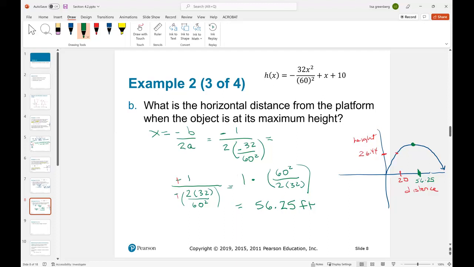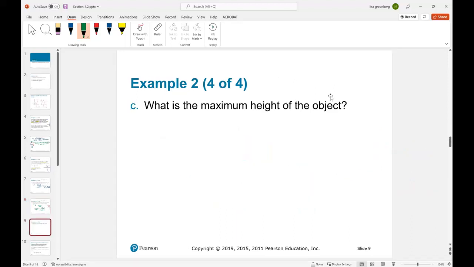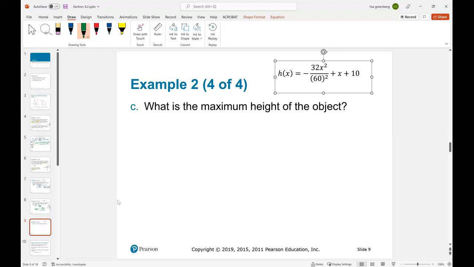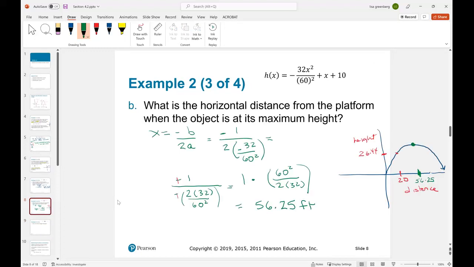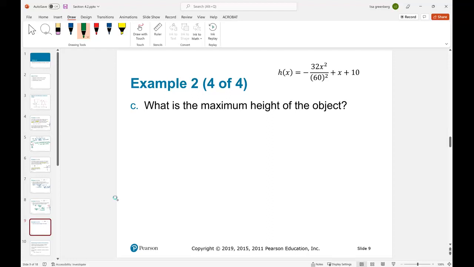Then let's see what the next question says. What is the maximum height? Well, that's going to be my y value, right? So I just take that value that I had from before, which is 56.25, and I plug it into this equation.